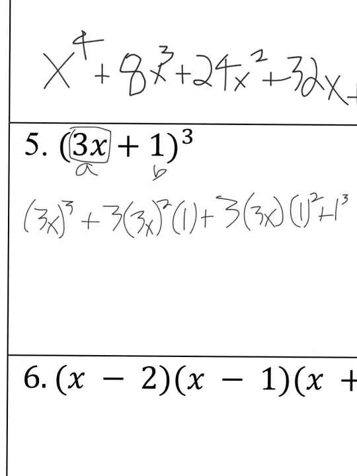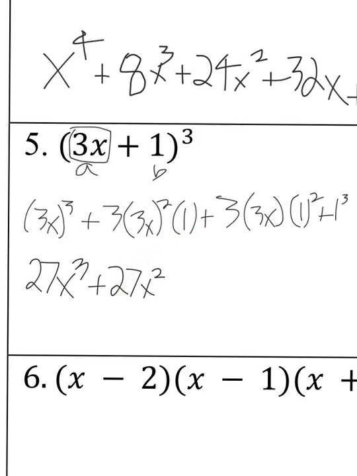So, what is 3 to the third power? 3 to the third power is 27. So (3x) to the third power is 27x to the third power. What about 3 times (3x) squared? Well, (3x) squared would make 9x squared, and 9x squared times 3 would be 27x squared. Times 1 would still be 27x squared.